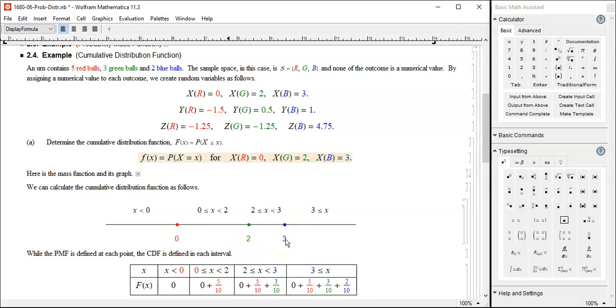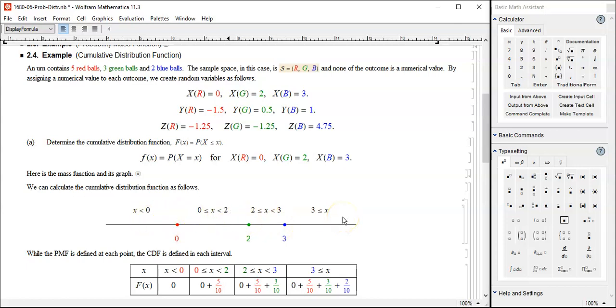These 3 colored points, red, green, blue, correspond to the RGB outcomes. Those 3 points divide the number line into 4 pieces: x less than 0, between 0 and 2, between 2 and 3, and finally greater than or equal to 3. Now, those 4 pieces, that's easy.